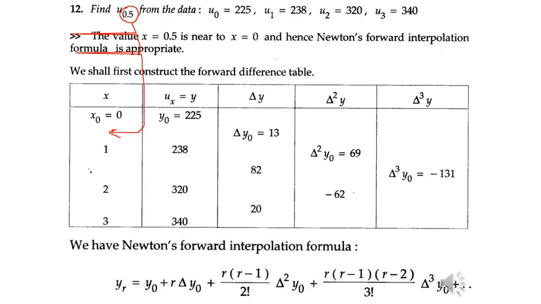That is, if you divide this data into half, your x value falls in the first half. So therefore we need to use Newton's forward interpolation formula.